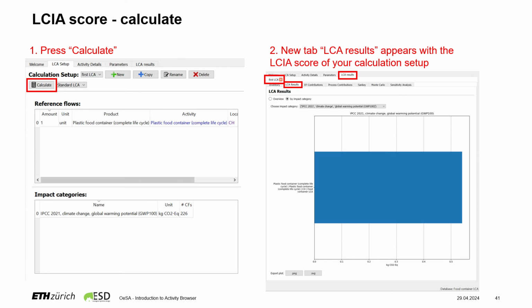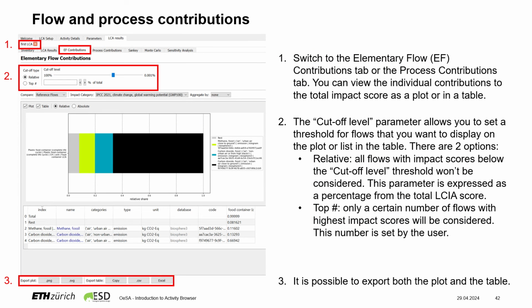Next, what I also wanted to show you is that you can always, in Activity Browser, take a look at the contributions from the different elementary flows. So is it the methane that's contributing the most? Is it the CO2? Basically, here you can take a look at the contributions. I explained it in the slides a bit more, but here you can have some kind of a cutoff level. You probably don't want to include all kinds of flows.